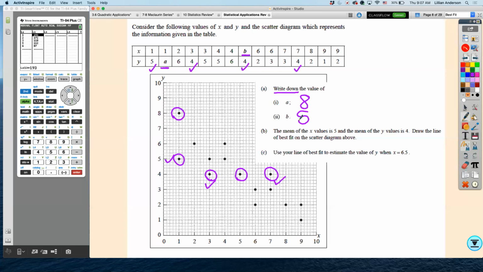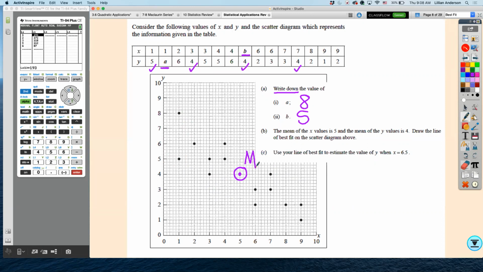Now it says the mean of the X values is 5 and the mean of the Y values is 4, okay? That's actually one of our points in our scatter diagram. When X is 5, Y is 4, which is actually that point where we found B. We have to draw the line of best fit. I don't know if you guys remember, but anytime you draw the line of best fit by hand, you plot the mean point, you circle it, and then you label it.